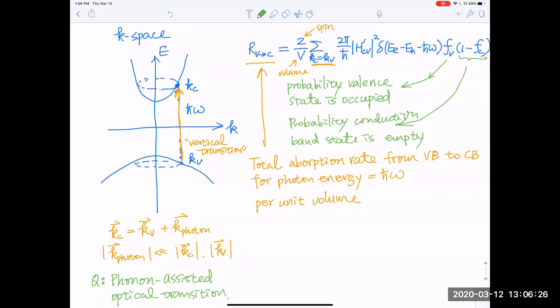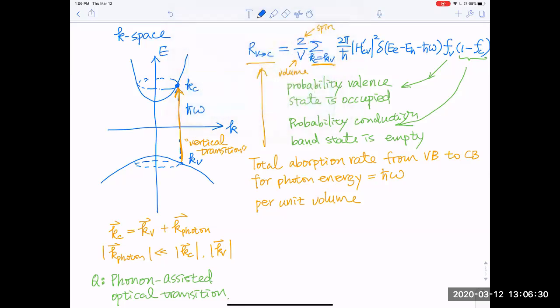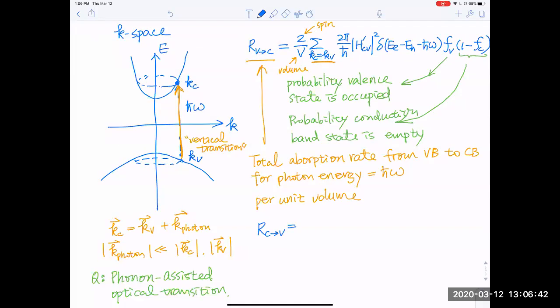So now we're going to write a similar equation for emission. Emission will be from conduction band to valence band. Again, these are rates per second per unit volume, and we have to sum over all the volume. Kc equals Kv, so Kc and Kv are not independently variable.